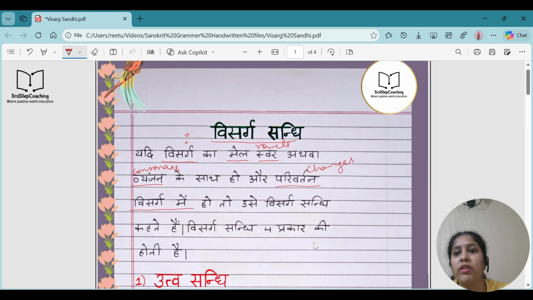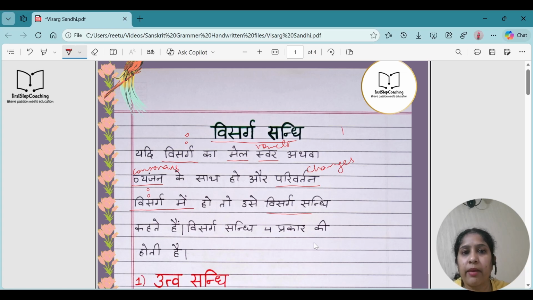In the visarg, the dot. If the change is happening in the visarg, then it is called Visarg Sandhi. The change should not happen in the vyanjan or the swar. The change should happen in the visarg. Then it is called Visarg Sandhi.